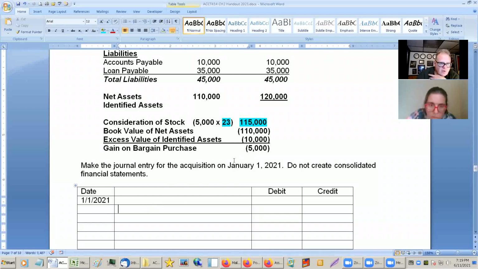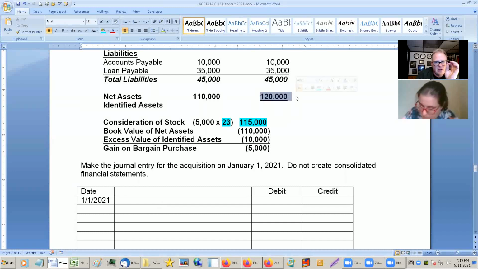Okay, so this is where it gets a little bit different in that we're going to put this on the books at 120. This is a little bit strange because when you think about it, all of those assets we're going to put on the books are going to be at the fair value.